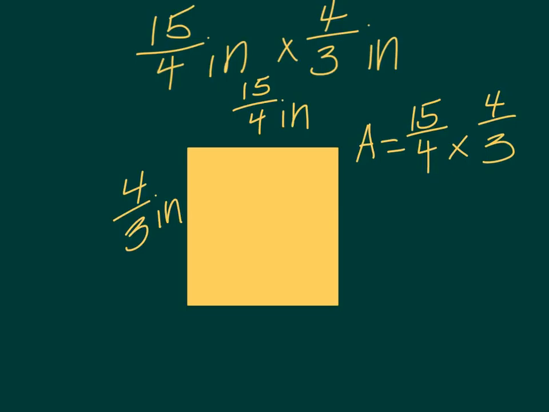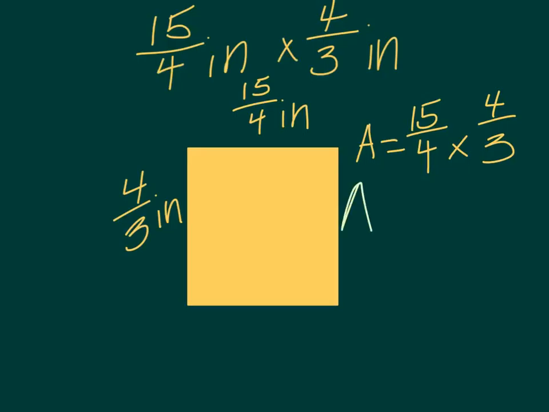You could either multiply the numerators across, which we've been working on, and then multiply the denominators and then simplify the numerator and the denominator. Or you could use cross multiplication.